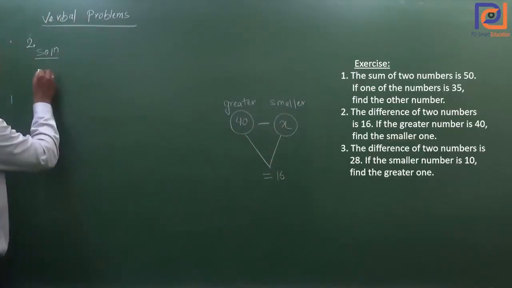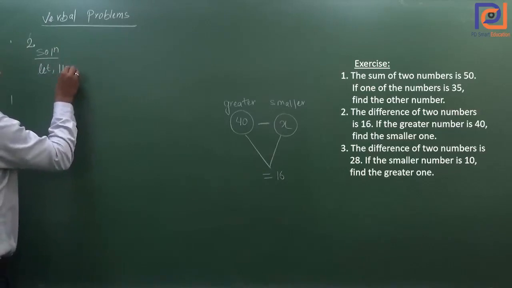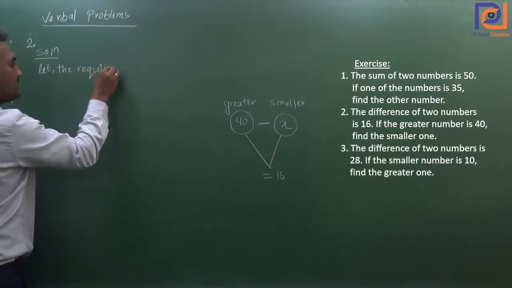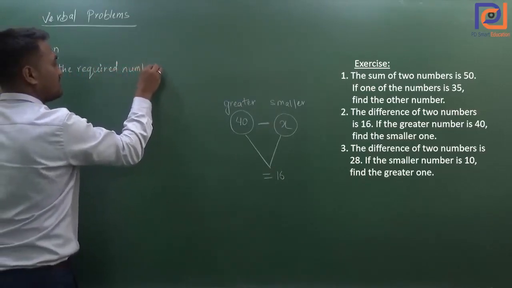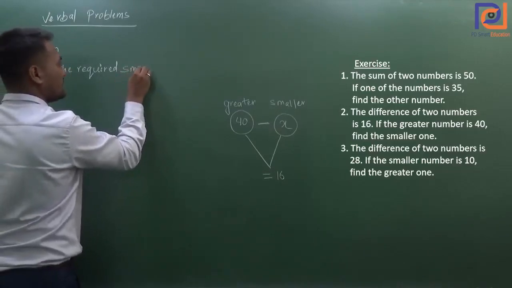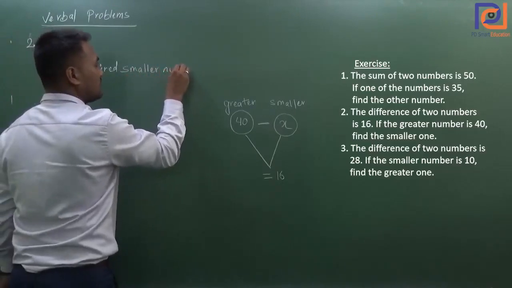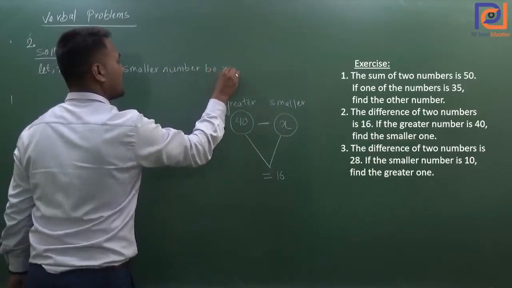Let me do it in process. Let the required number be x. Here also I'm going to write the required number, or you can write the required smaller number. It is a smaller number, so we can write, let the smaller number be x.